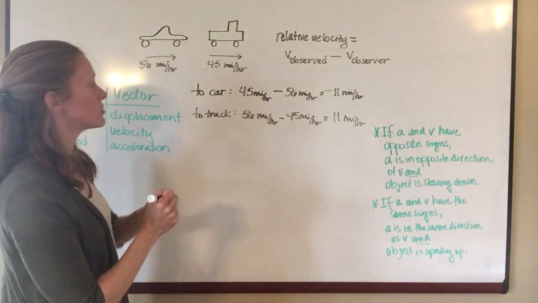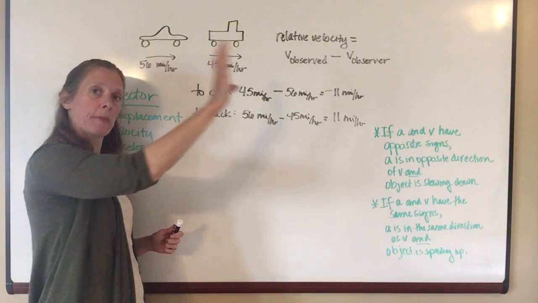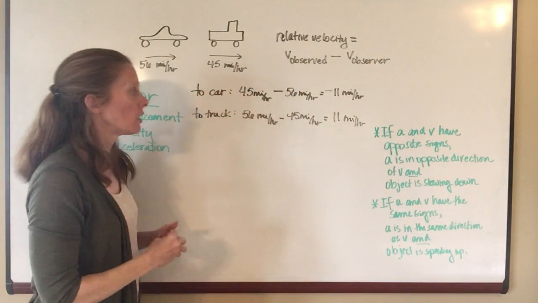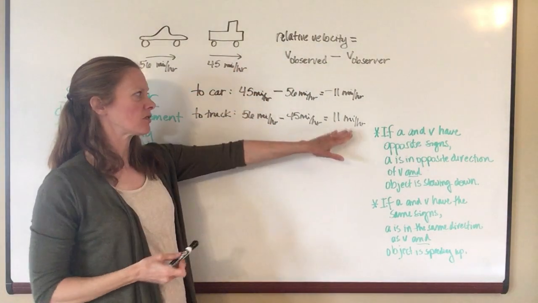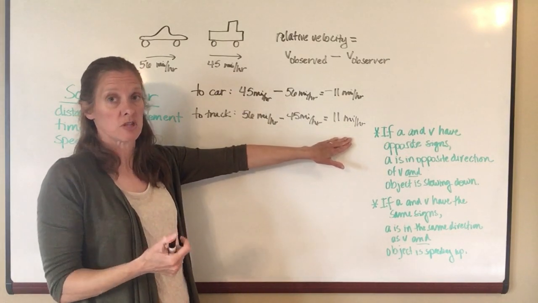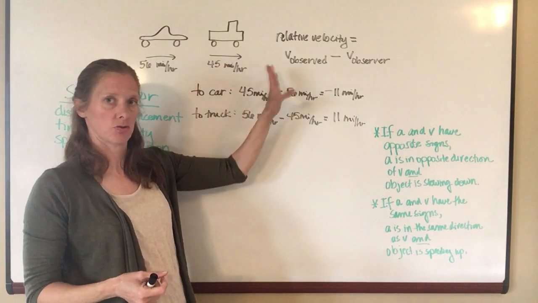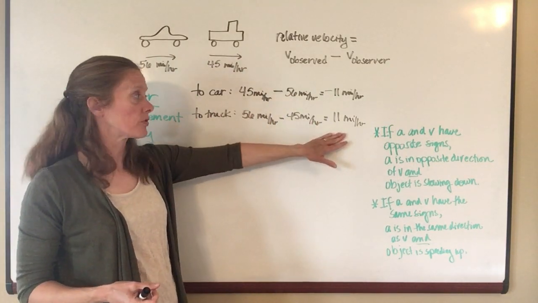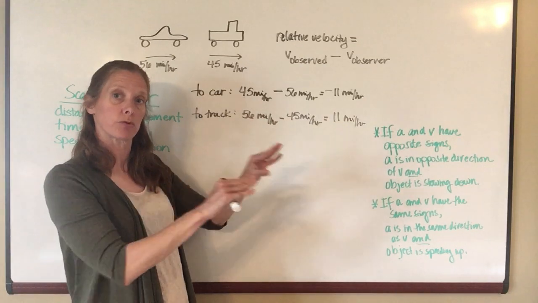Again, if you are sitting in the truck and a car passes you, it appears that they're going in the forward direction, but it doesn't seem like they're going nearly as fast as you perceive yourself to be. Maybe if you're looking out the other side, you see all the trees flying by. So they look like they're going much slower than they're actually going, but that's because you're both going the same direction.